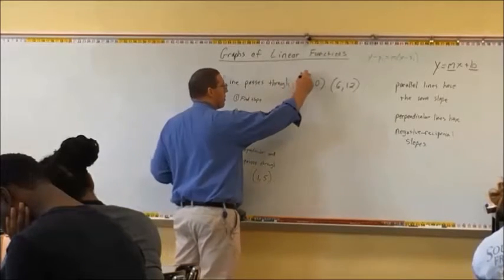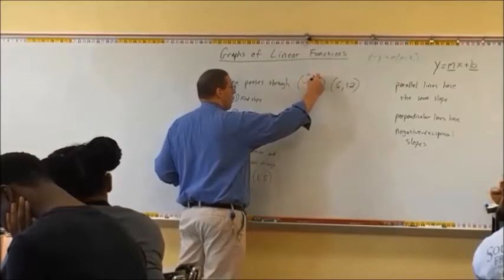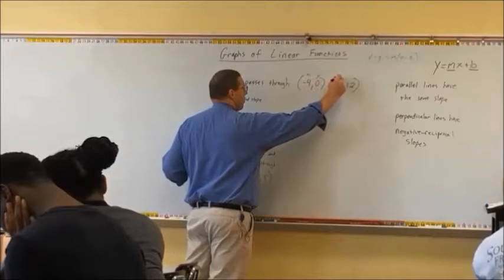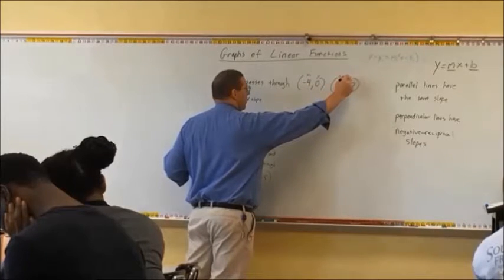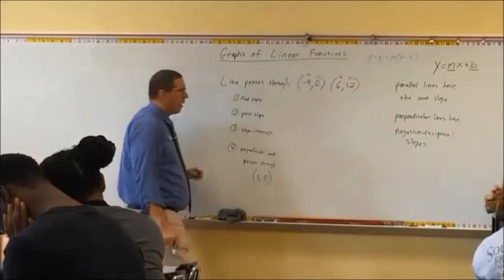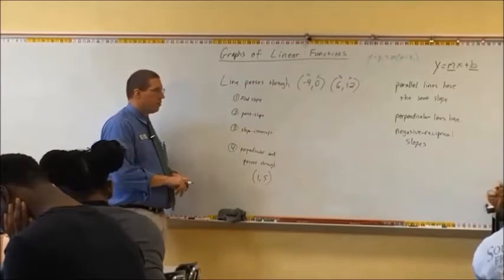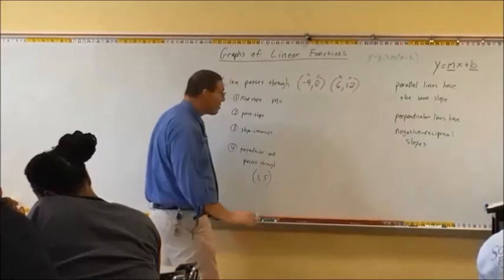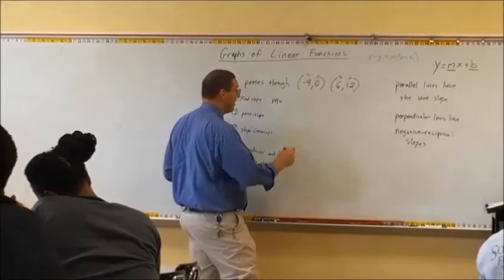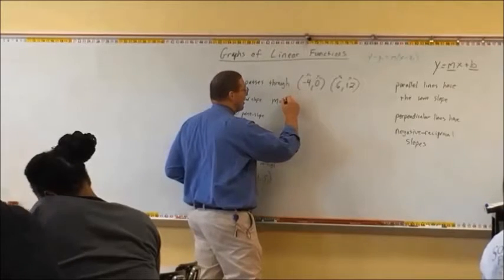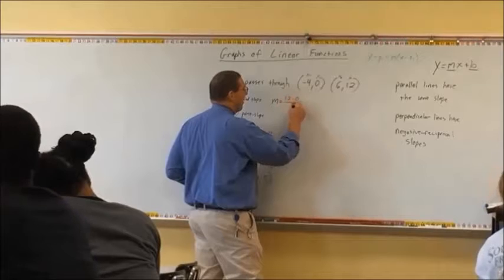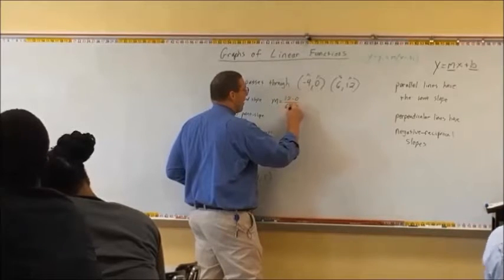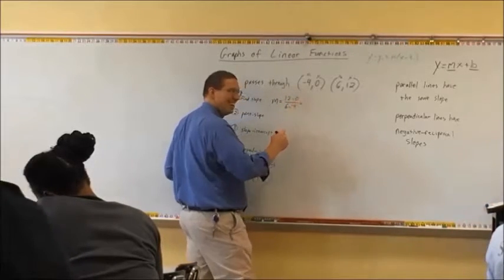We could say that this one is x1, and that this is y1, and that this is x2, and this is y2. Although, like I said, it doesn't really matter which one is x1 and which one is x2. So if you want to calculate the slope, it's going to be 12 minus 0 over 6 minus negative 4.